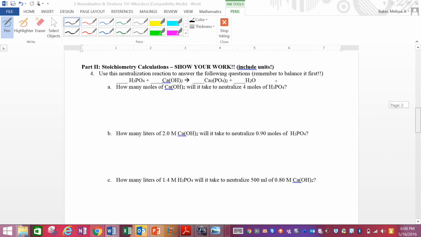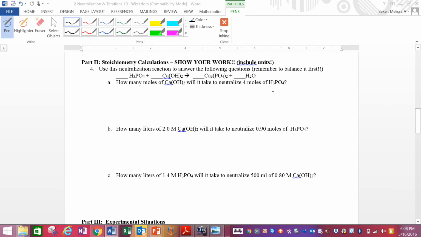Alright, next page, stoichiometry calculations. Not exactly stoichiometry. These are more like neutralization reactions. A little correction there. Alright, so we've got to balance this first. 2, 3, 1, 6. We've seen this before. What if you've got 4 moles of H3PO4?